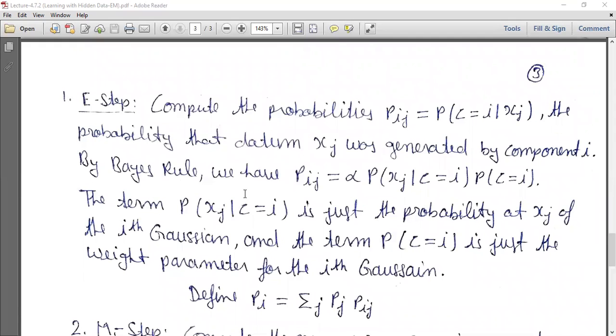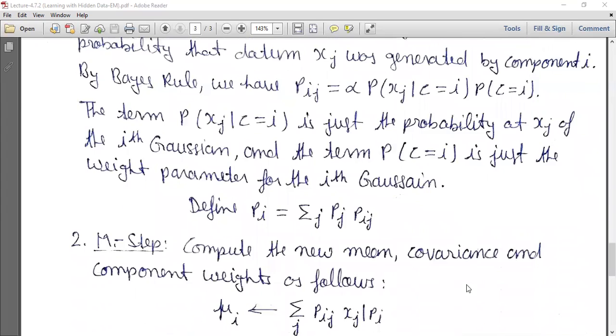By Bayes rule, we have pij = α P(xj | C = i) P(C = i). The term P(xj | C = i) is just the probability at xj of the ith Gaussian, and the term P(C = i) is just the weight parameter for the ith Gaussian.